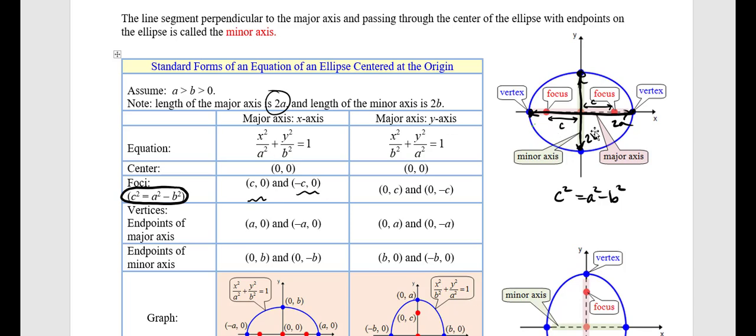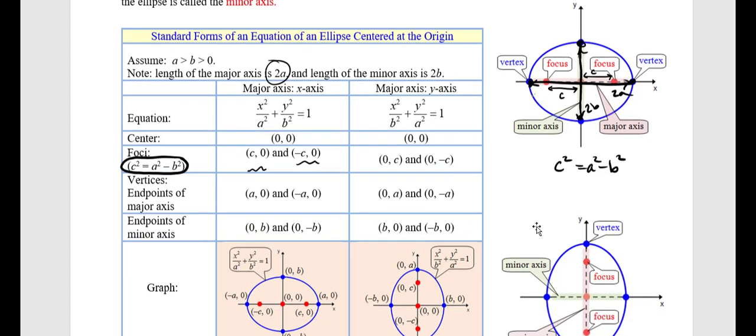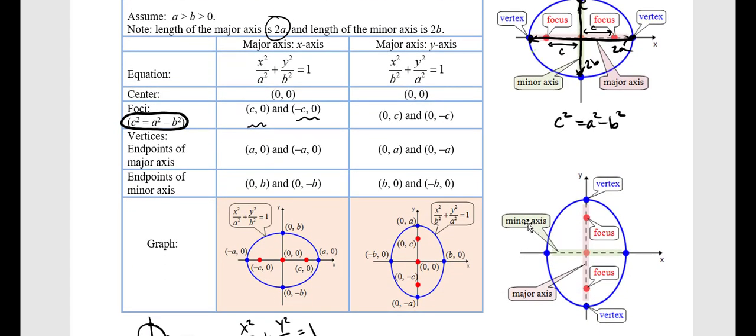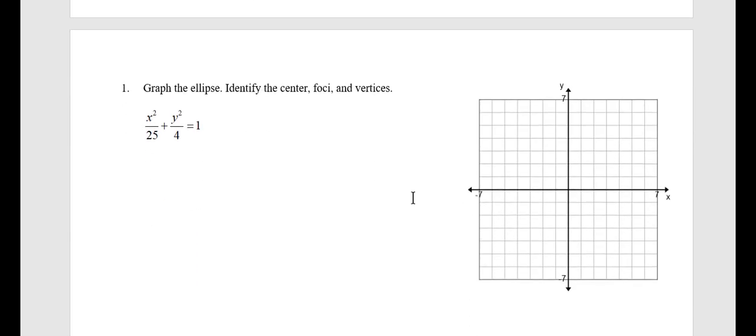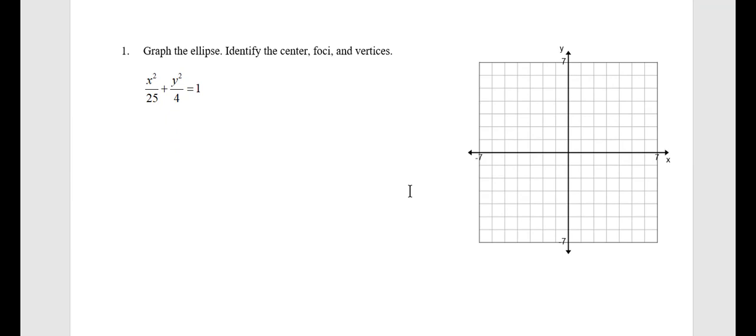So in this case, a is how far you go in the x direction. B is how far you go in the y direction from the origin, from the center, I should say. So you can kind of think of it that way. It's like a circle that can't make up its mind. It doesn't know what it wants its radius to be. So it just splits the difference. Certain radius in the x direction, different radius in the y direction.